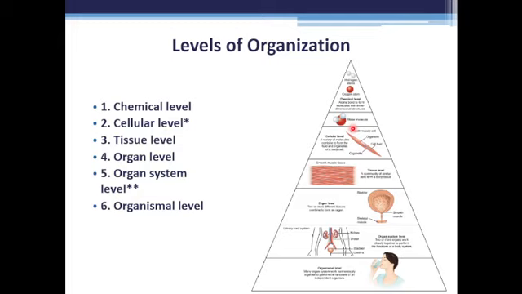So the chemical level is the simplest level, composed of atoms, which, if you took chemistry, are the smallest stable units of matter arranged to form molecules and compounds that possess functional properties.